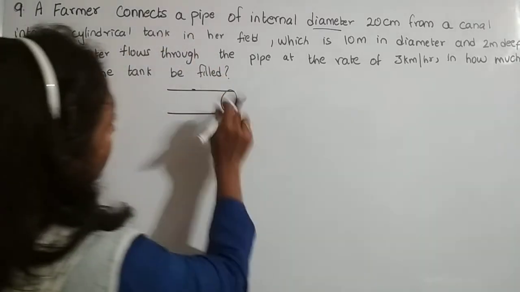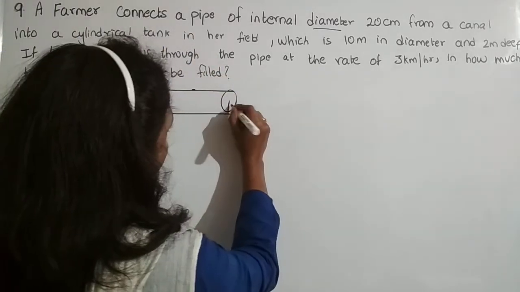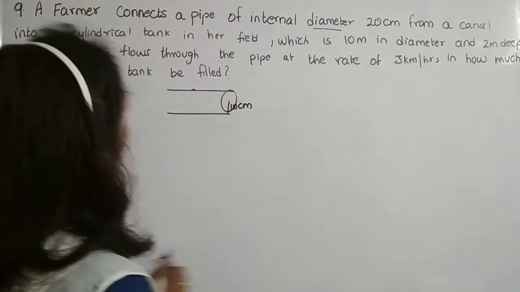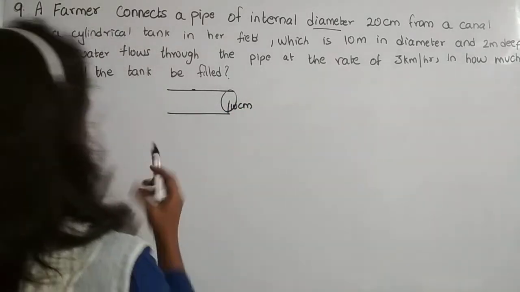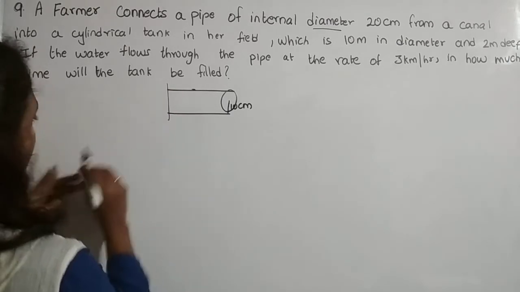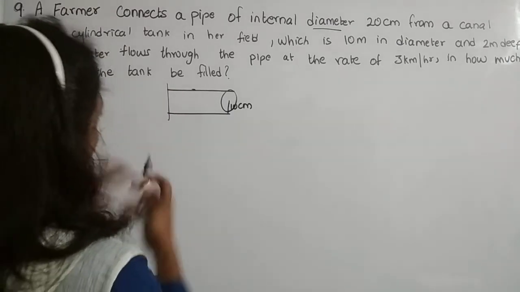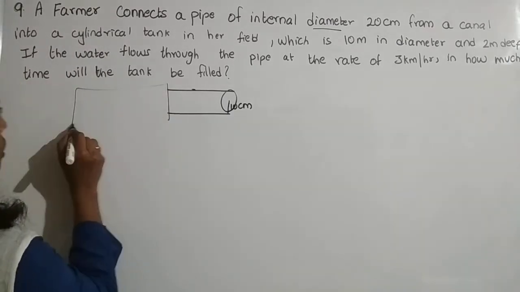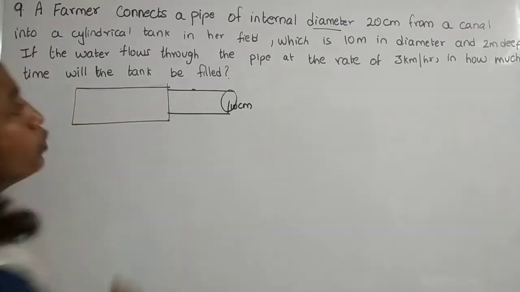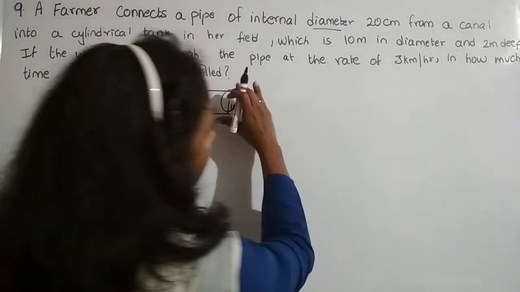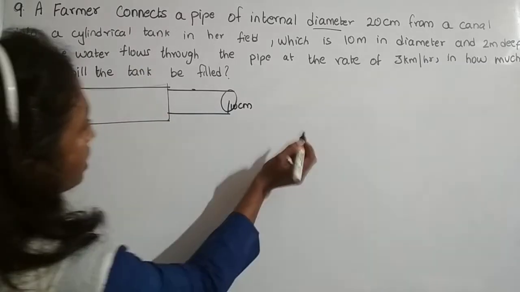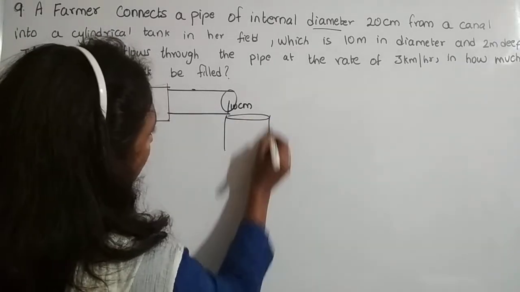Now this farmer is connecting this pipe of diameter 20, so the radius is 10 centimeter, from a canal. We just assume that the canal is a cuboidal shape. So the pipe has been connected to a cuboid, and now the water from here flows into a cylindrical tank.